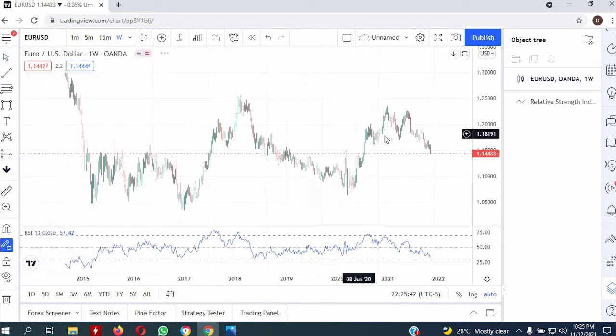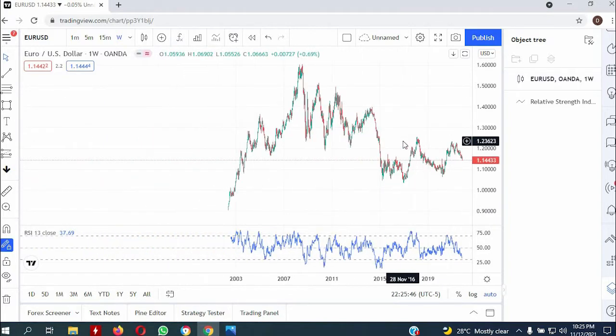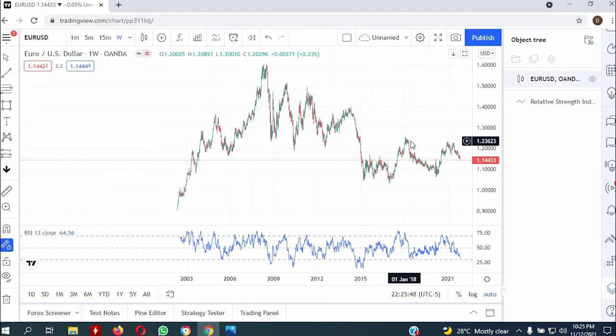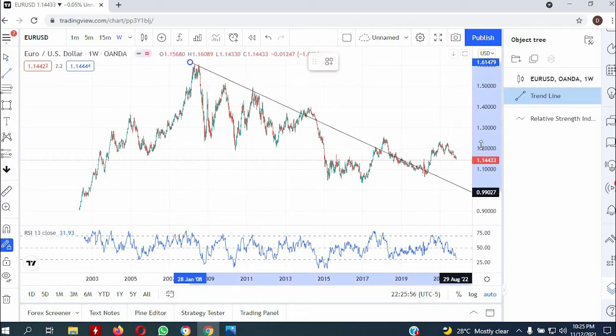Now for the EUR USD, I'm on the weekly time frame. When you zoom out on this weekly time frame, it's actually in a bear trend.